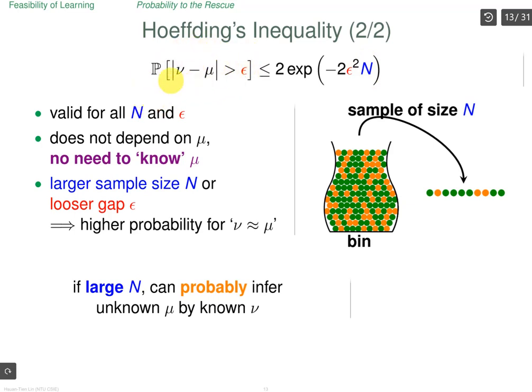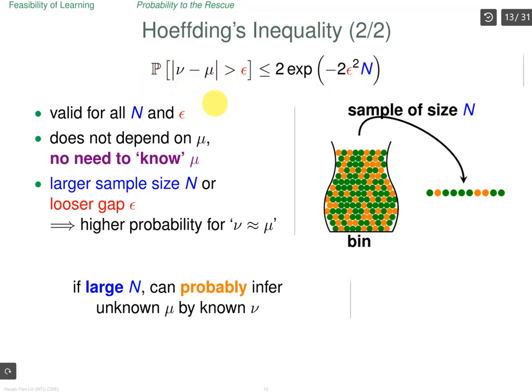The probability of these two being different by a very small number is upper bounded by a negative exponential function, which is basically a decaying function. So if we make n large enough, we can make sure that the probability of this event is very small. Then we can say that nu approximates mu, or nu tells something about mu.